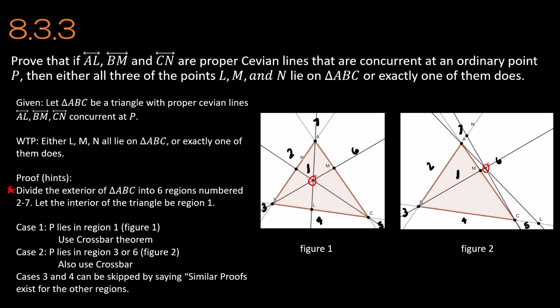It's a little bit more complicated on case 2, but the good news is once you do case 2, you can just say cases 3 and 4 can be proved using similar proofs for the other regions. So that's as far as I'm going to go with you this week. Good luck on those proofs.